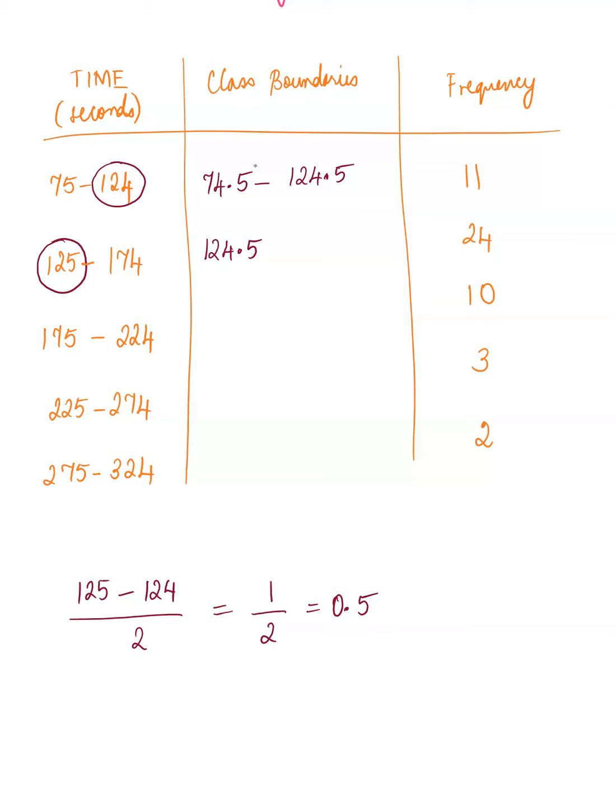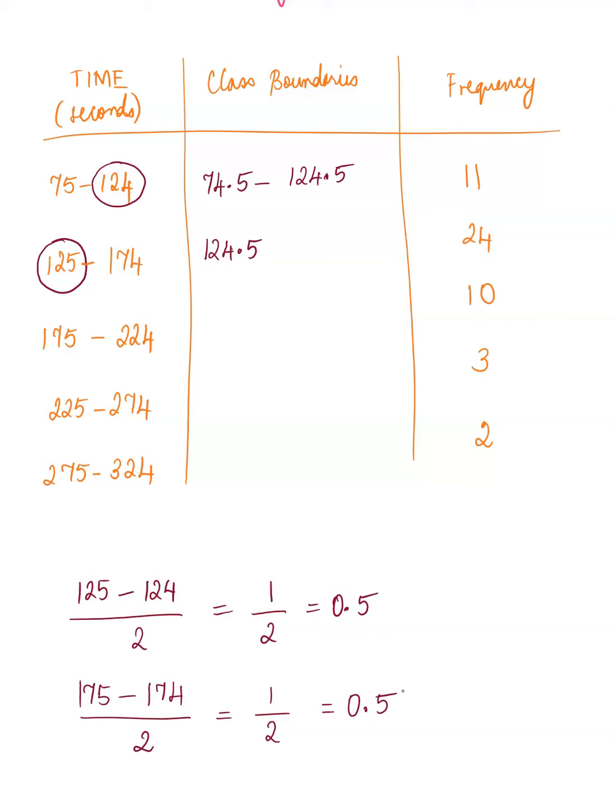Okay, so we do the same thing for 174 and 175. The lower class limit from the next class minus the upper class limit from the previous class, divided by 2. And you notice that it should always be that same way because of the way we set up, right?